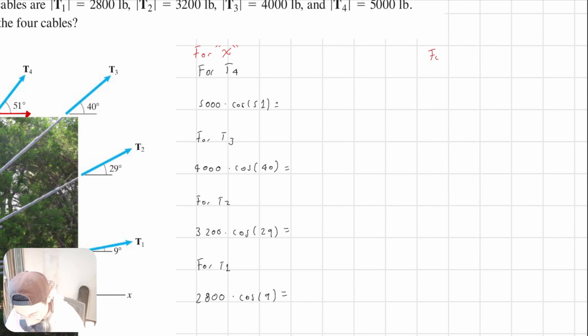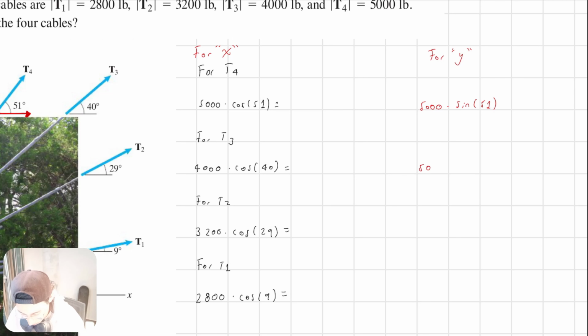Now, for y, for T4, it is basically the same, but I'm not going to write every single one of the titles because I already did it. So this is 5,000 times the sine of 51.